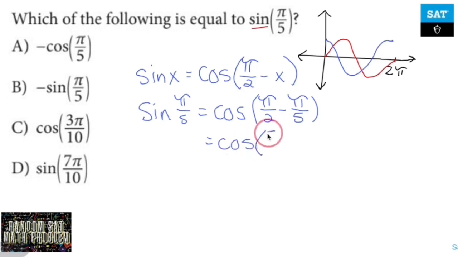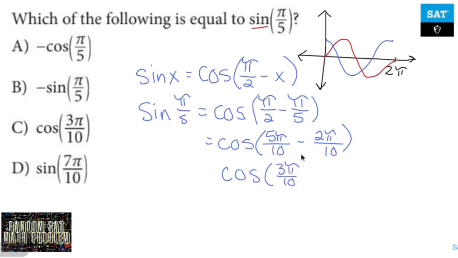So this would become 5 pi over 10 if I multiply the top and the bottom by 5. And this will become 2 pi over 10. Now I can combine these fractions, and that gives me 3 pi over 10. Kind of weird.